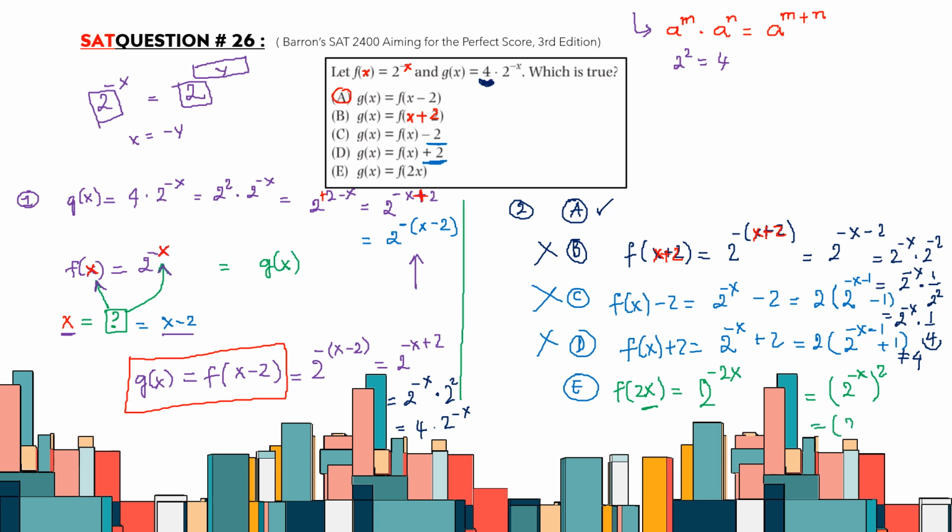We can write it as 2 squared to the negative x, or 2 to the power of negative 2 to the power of x. Because remember, we have the case of a power of m, power of n. That's the same thing as a to the power of n to the power of m, which equals a to the power of n times m. This is the power rule.